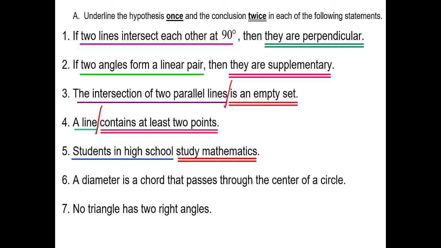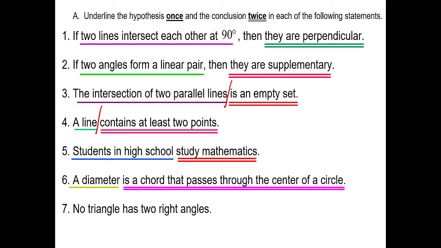Go on. A diameter. Okay, so a diameter is the hypothesis. The rest of the sentence, that is a chord that passes through the center of the circle, that's your conclusion.